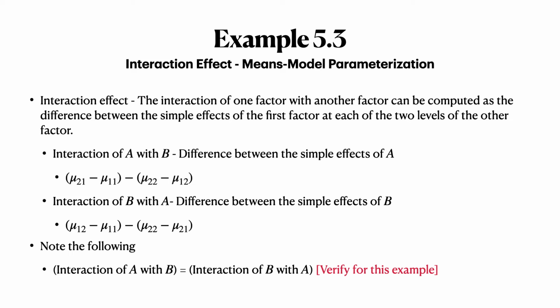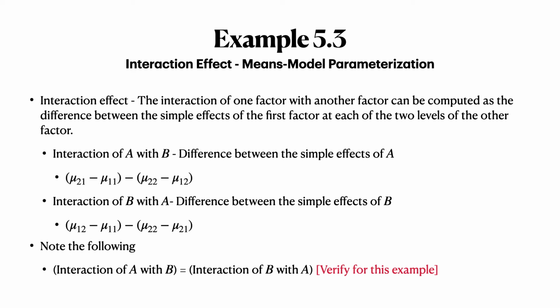We can think of the interaction of A with B, and by definition that would be the difference between the simple effects of A. The simple effect of A at the first level of B is mu21 minus mu11. The simple effect of A at the second level of B is mu22 minus mu12.